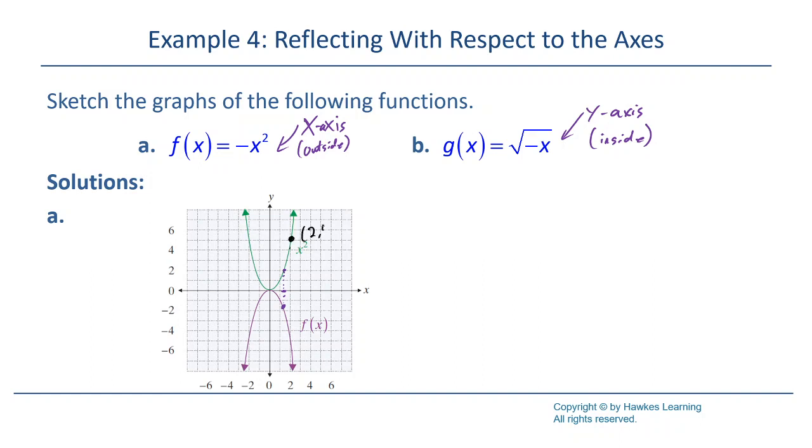So here's the point 2, 4. Think about what it says. It's an x-axis reflection. So when I come down here, when I'm at 2, I'm at -4. So all that's happened is I've left the x values alone, but I've just changed the sign of the y value. Notice I didn't say made it negative.